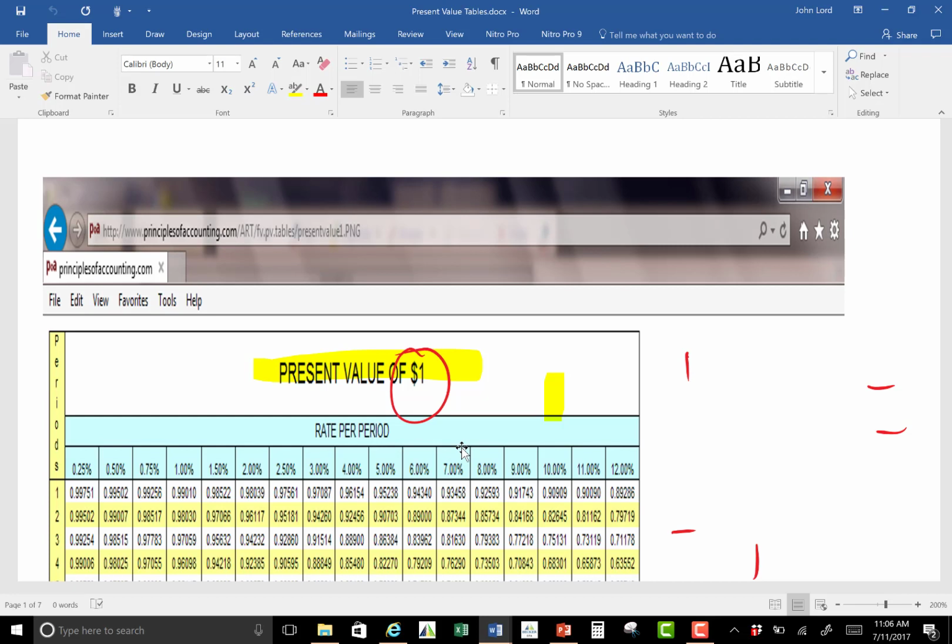It's not 6%, we know, because 6% is going to be at this 0.94. We know it's not 7% because that's at 0.93. It's in between the two, isn't it? Okay. So the interest rate here that we use to come up with this present value is not quite 12%. The company would have determined, probably using some sort of financial calculator, because we have increments of rates that aren't shown here, right?